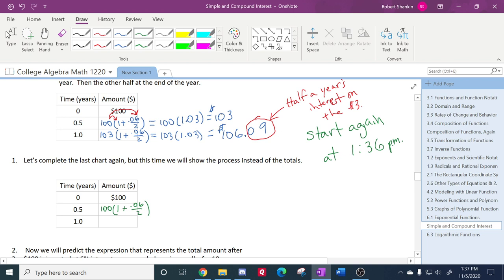Now that turns out to be $103, but we're just going to leave it at this. Now, for the second half of the year, what do we start with? Start the second half of the year with the amount that's in the second row. So this is what we start with.